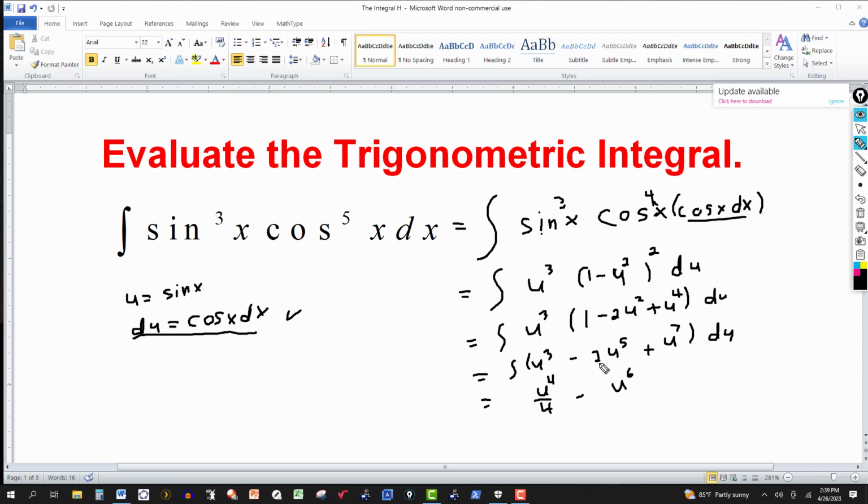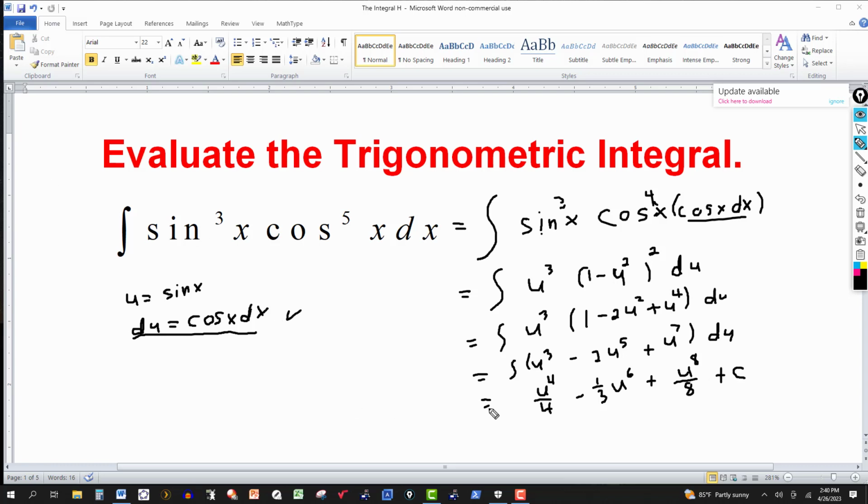Divide the minus 2 by 6, or reduce it, that becomes a 1/3. And then plus, add 1 to the 7, it's u to the 8th. Divide the coefficient, 1, that'll be 1/8, or just put it over 8, like this. Plus your constant of integration.